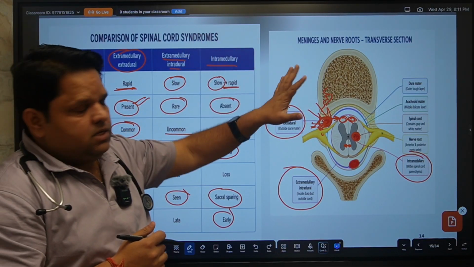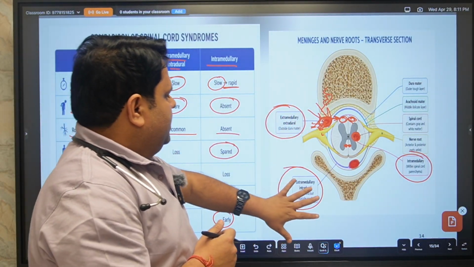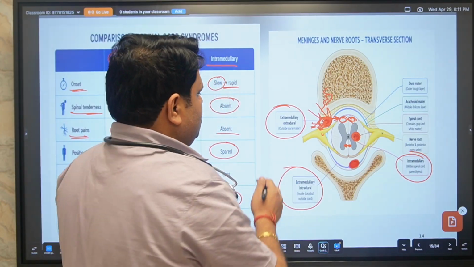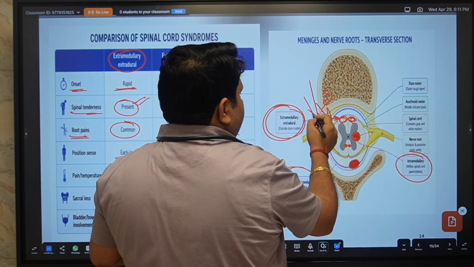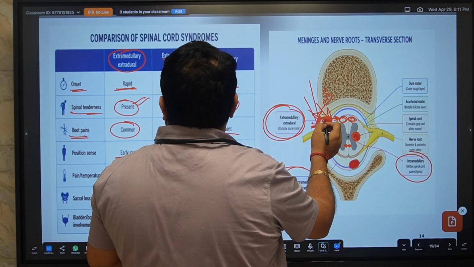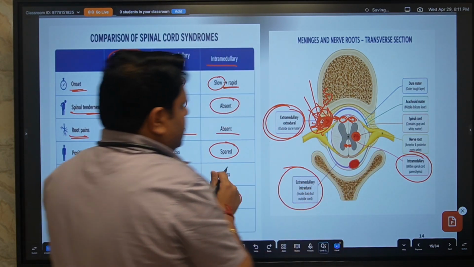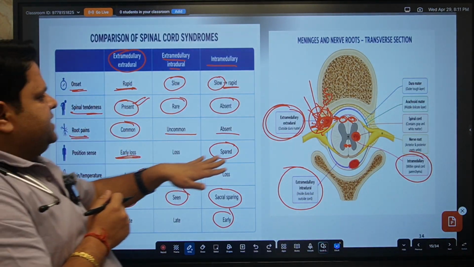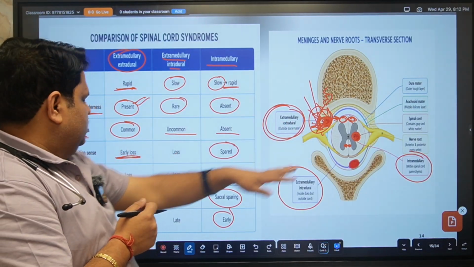So for compressive spinal myelopathy, we have extramedullary extradural, extramedullary intradural, and intramedullary. In extramedullary extradural, root pain and spinal tenderness are there, and onset is usually rapid. In the intradural, onset is comparatively slow. Position sense loss is early, with involvement of the posterior column. Pain and temperature loss is in all three.